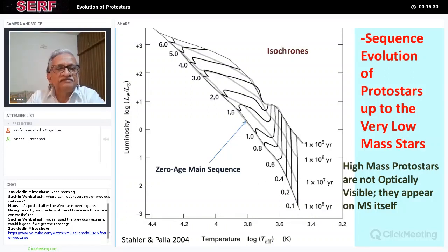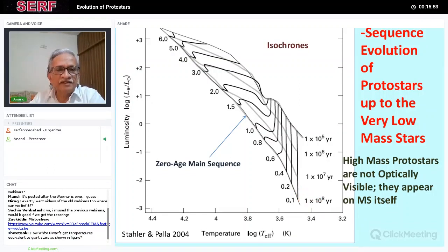basically the limit for nuclear reactions. We have said that for hydrogen nuclear reactions the limit is 0.08 solar masses. Below that, the temperatures don't go to 10 to the power of 7 degrees Kelvin and so on, and therefore they cannot start the hydrogen nuclear reactions. However, below 0.08 solar masses, for some time, deuterium burning can take place, which I have briefly mentioned.